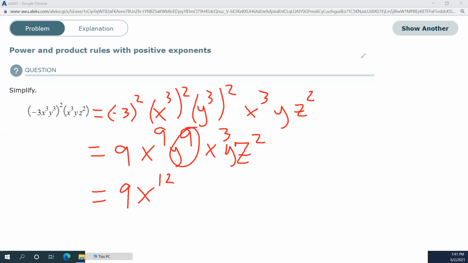Same thing with y to the 9th times y to the 1st will yield y to the 10th, and z to the 2nd has nobody to hook up with, so he'll come sliding into home, coming in stag all by himself. And that is how those are done.